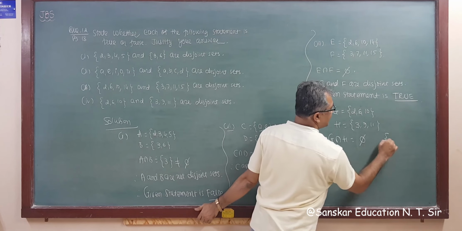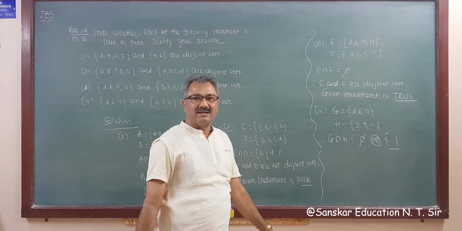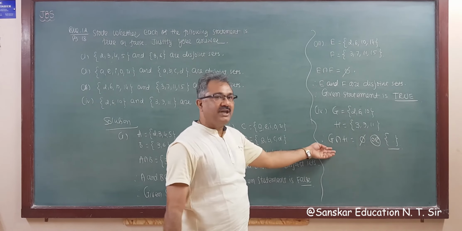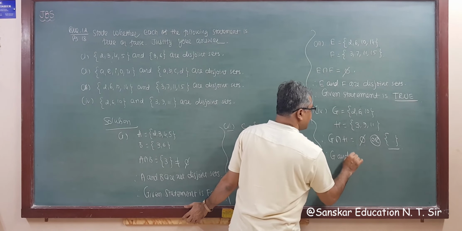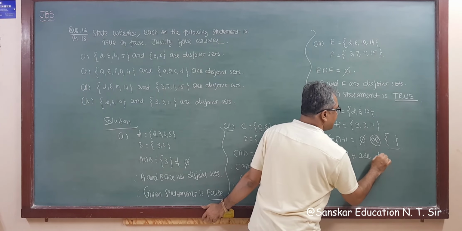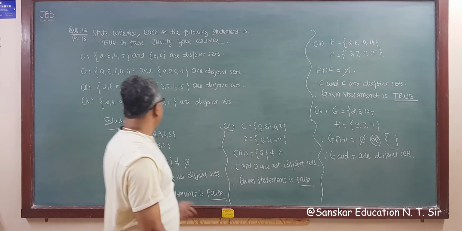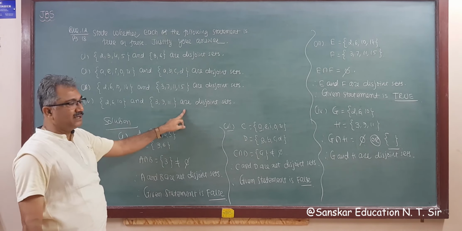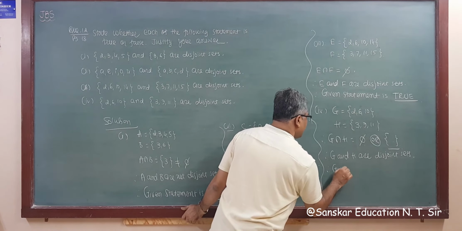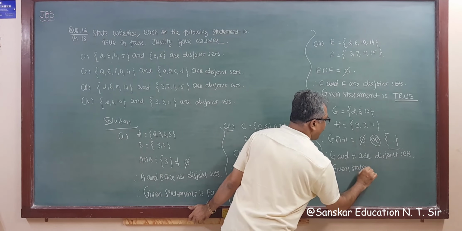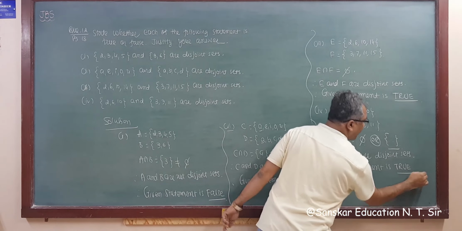You can write it this way also, but I am writing the empty set. Right? So G and H are disjoint sets. And what is our question? Given that these sets are disjoint, that means the given statement is true. Right?